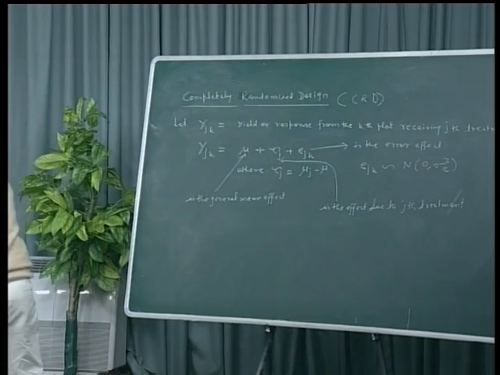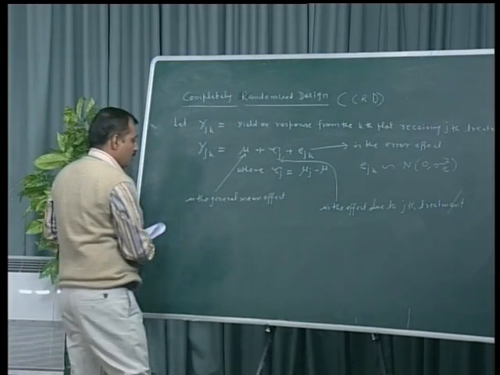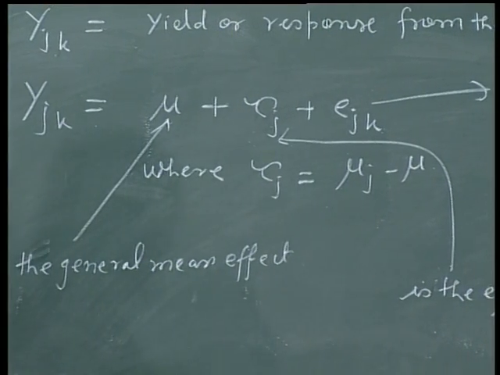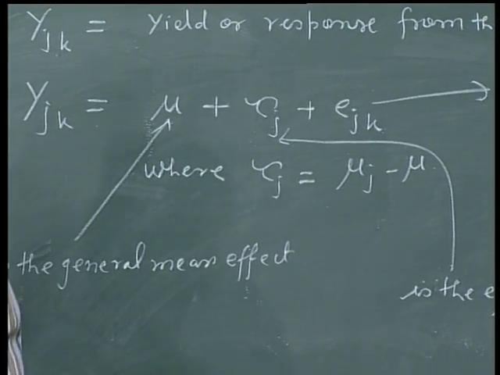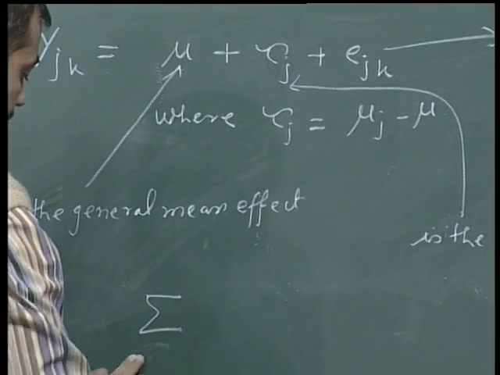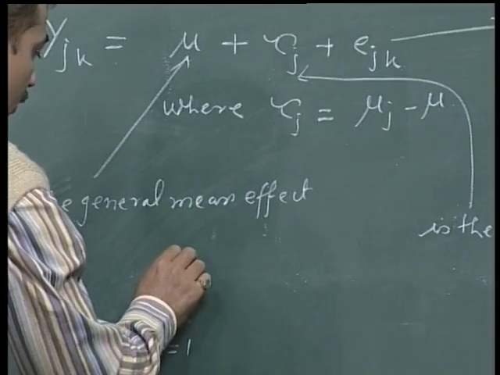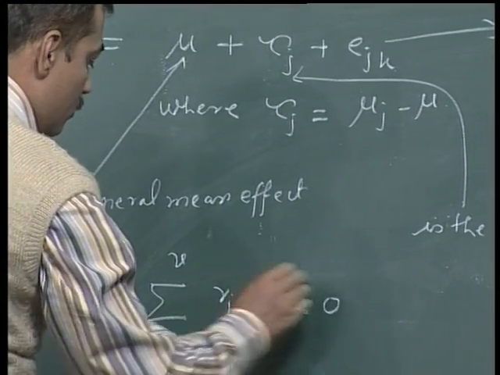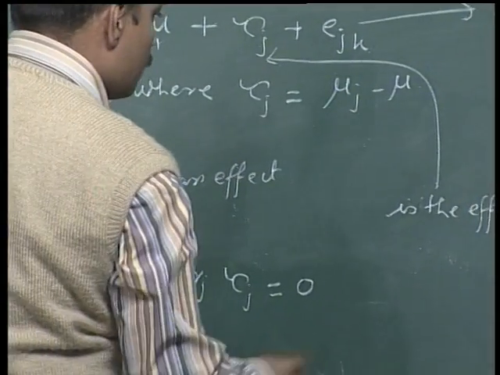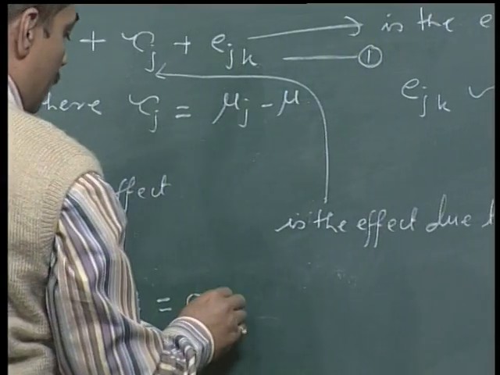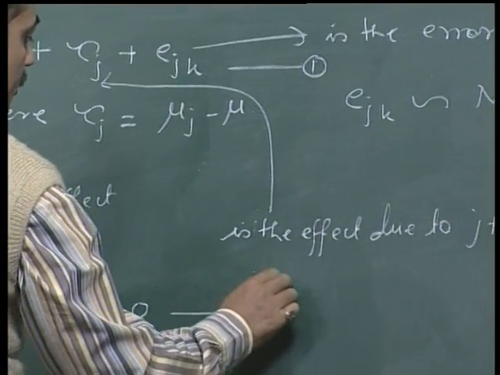Now we try to find the values of mu and tau j, subject to the condition that the sum over j from 1 to v of rj tau j should be 0. Call this equation 1 and this equation 2.